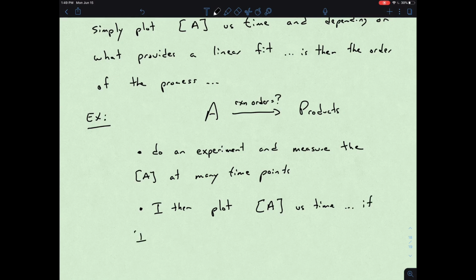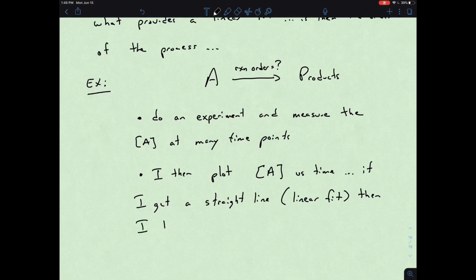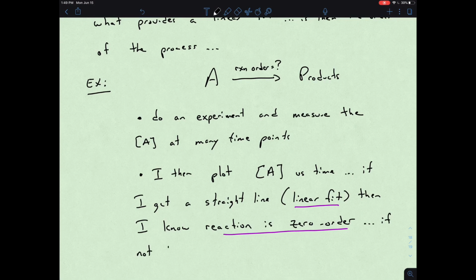If I get a straight line, or another way to say that is linear fit, then I know the reaction is zero order. If not, then I go to the next plot.